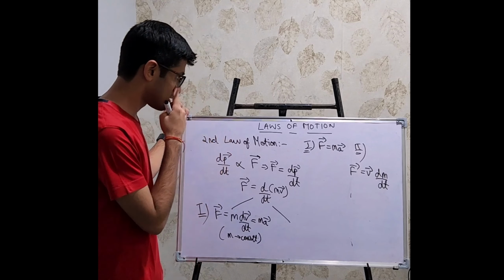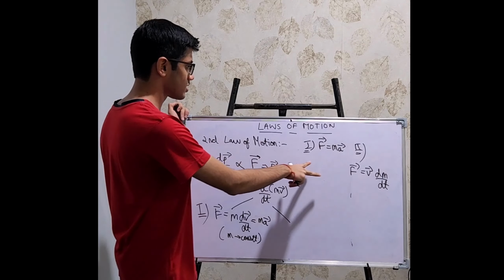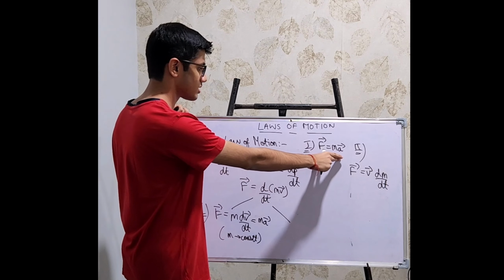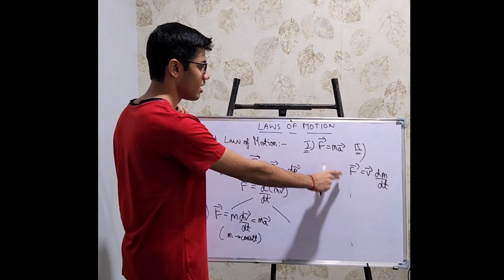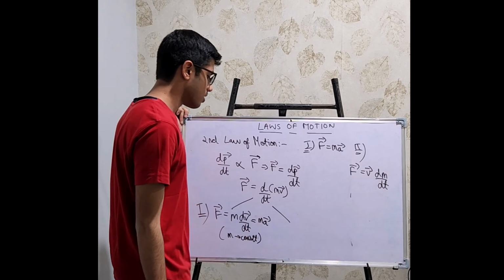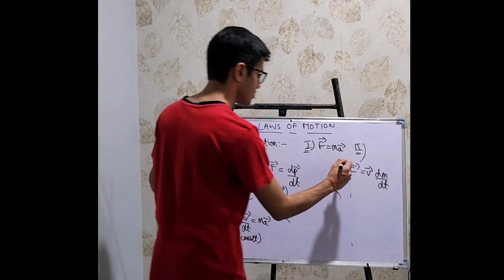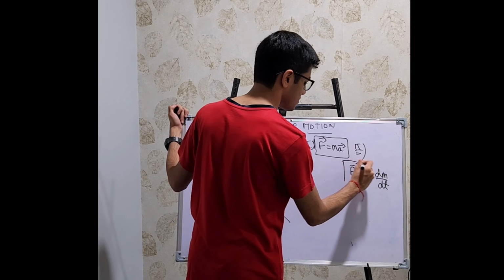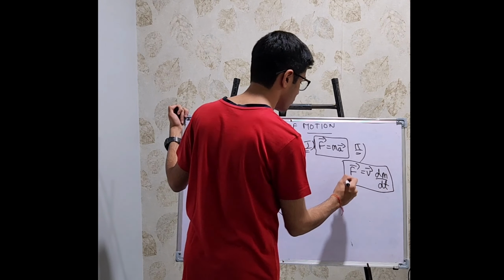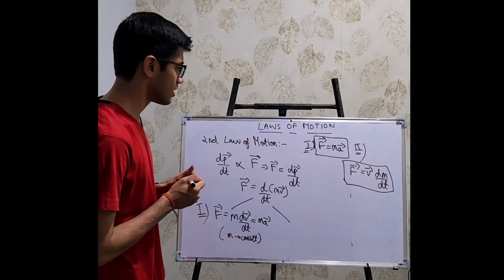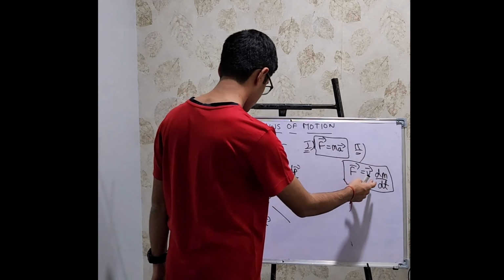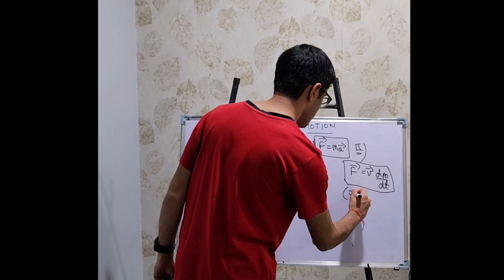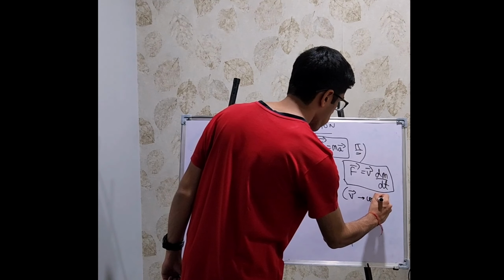So now I hope you understand why I said that there are two cases of the laws of motion, and why many people confuse it with just F is equal to ma. It's also F is equal to v dm by dt. So this is the first case and this is the second case. Both are correct, but not in all cases. Again, this is valid when the velocity is a constant.